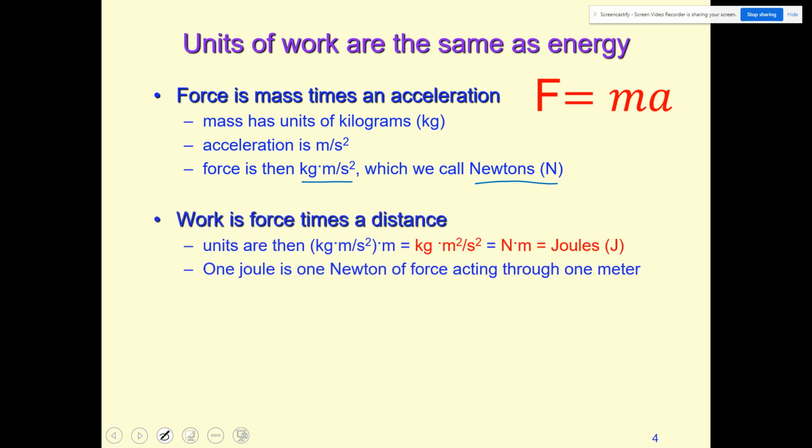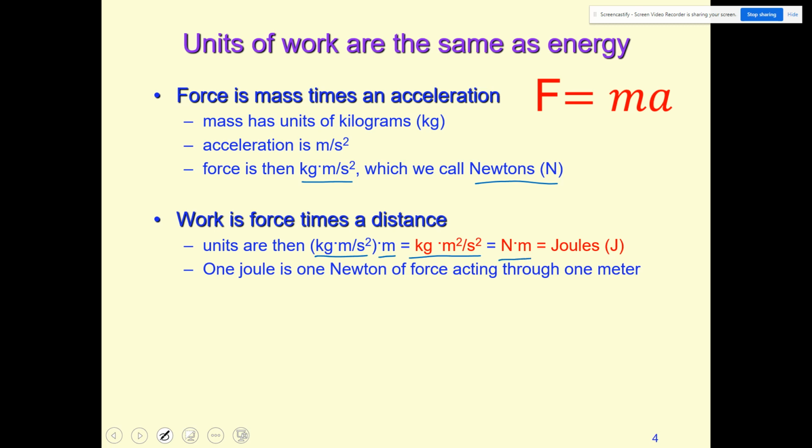And then work is force times distance. What would the units be here? Here are the units for force, kilograms meters per second squared, and then we have the meters, which is the distance. Put them all together and you get kilograms meters squared per second squared, or you could just say newton meters.